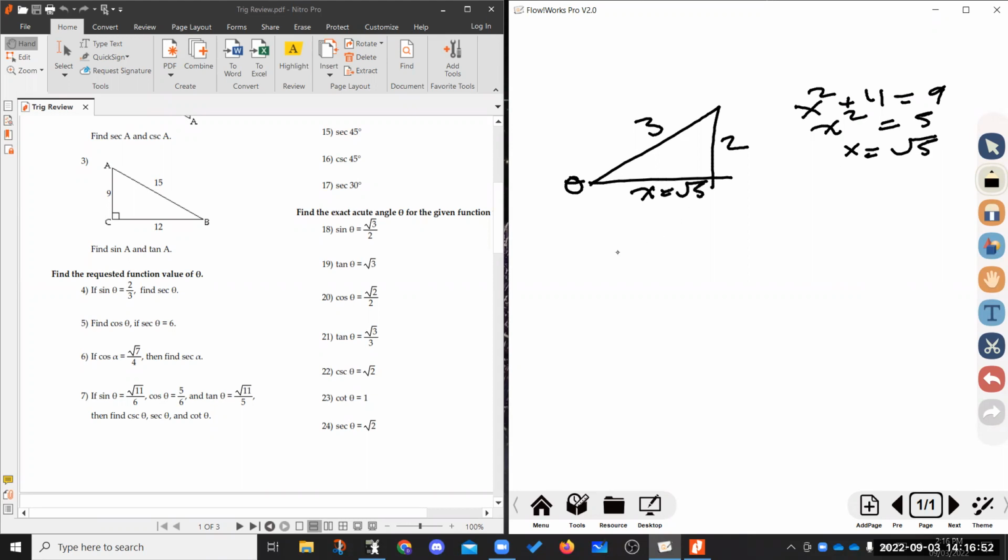So our secant of theta is going to be the hypotenuse, 3, divided by the adjacent side, root 5, but I need to rationalize that. So that's going to be 3 root 5 over 5.